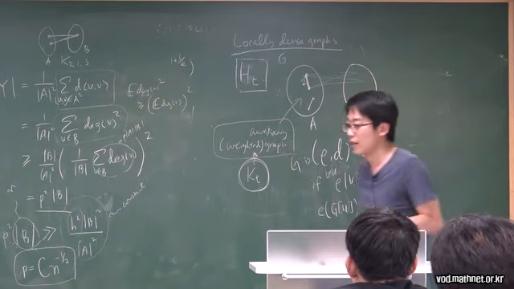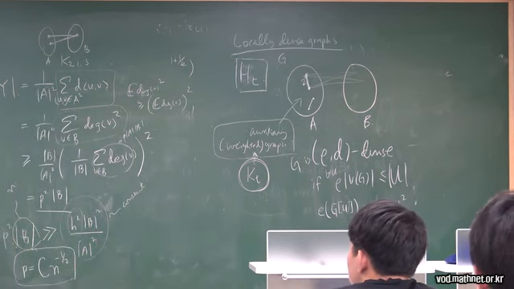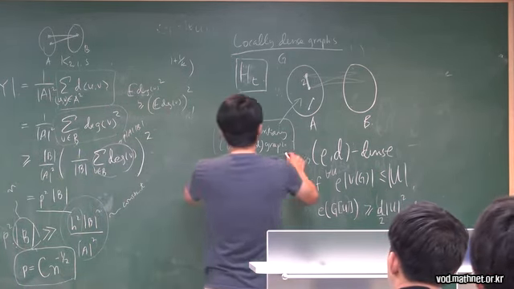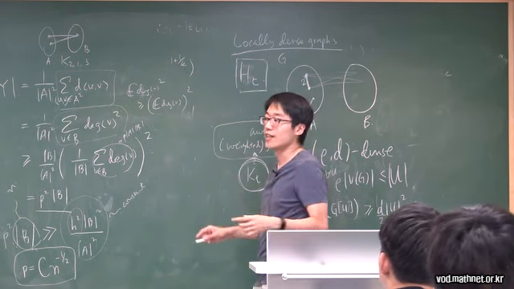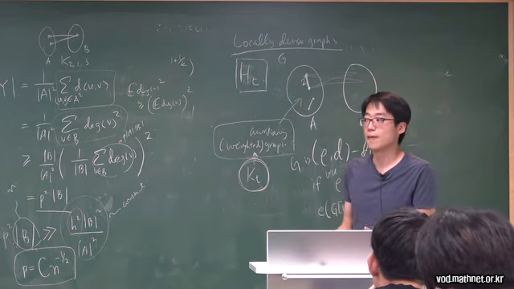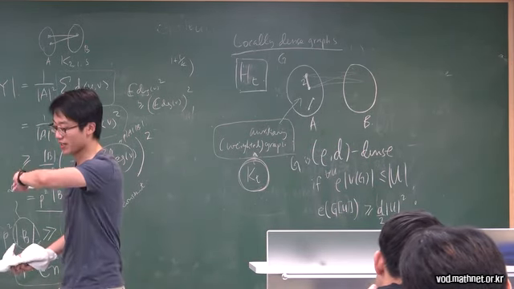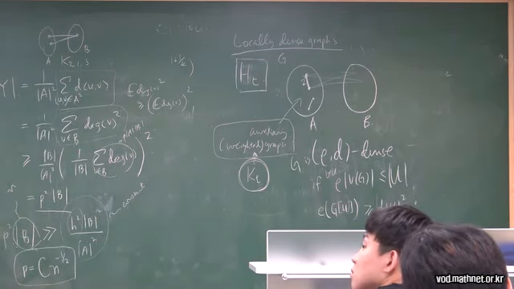And again, there's an easy argument that proves this auxiliary weighted graph is locally dense. Let me sketch a proof of that if I have some time.